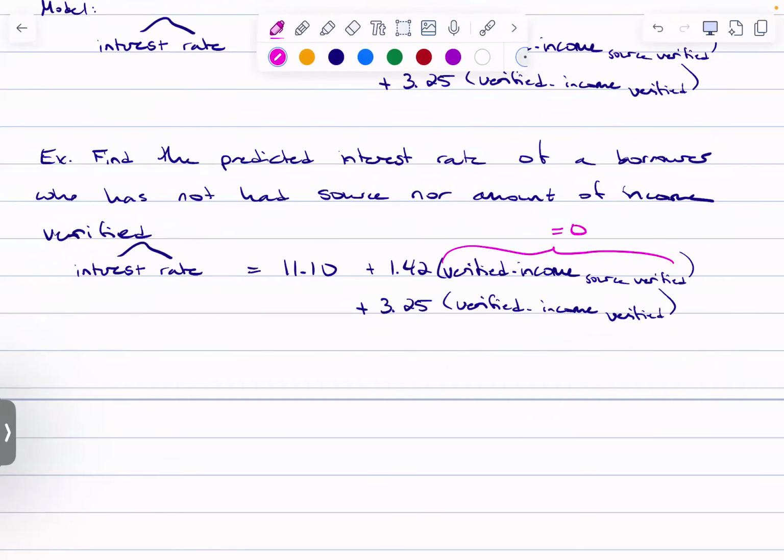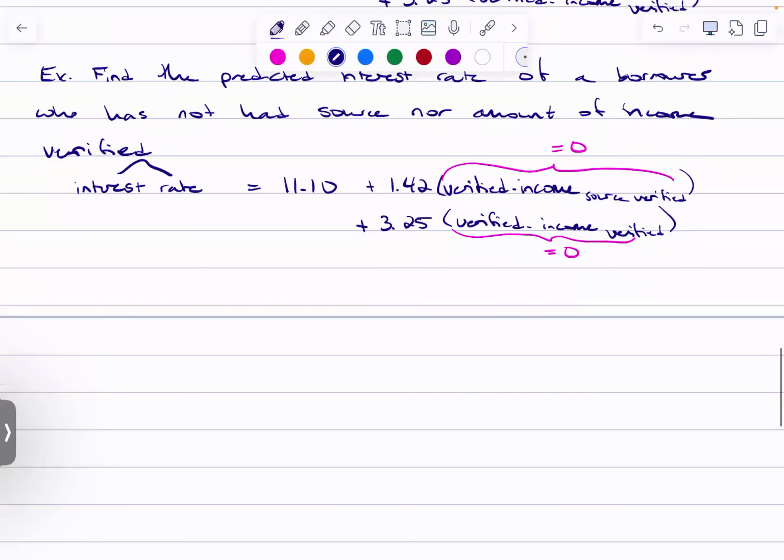And then the verified income, all of it verified, is also equal to 0. The math here is not too bad, right? The predicted interest rate is 11.10 plus 1.42 times 0 plus 3.25 times 0. Nice. Which puts me at 11.1.